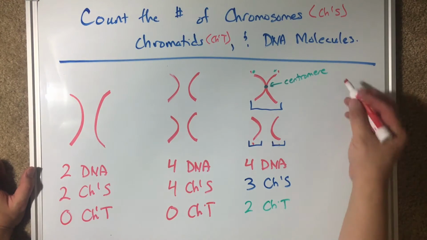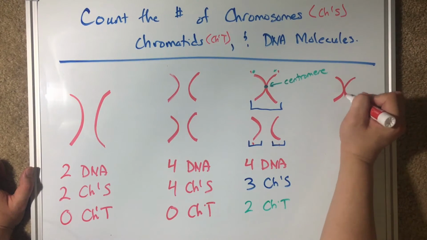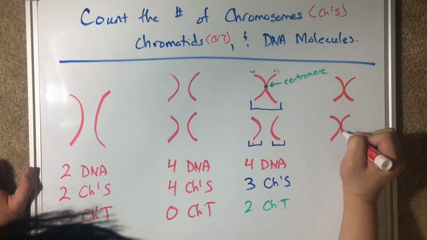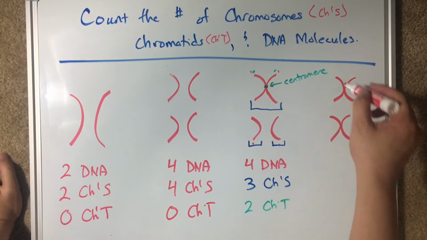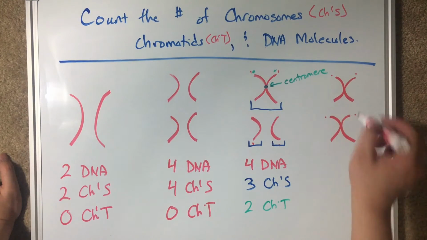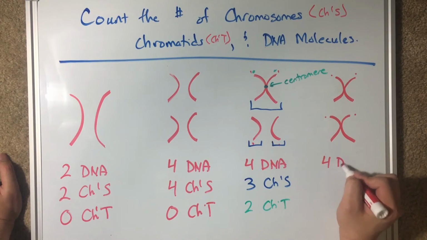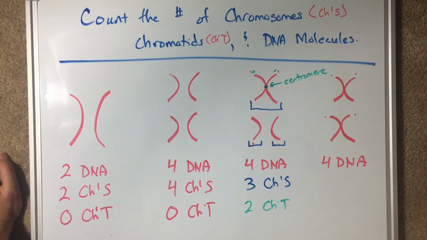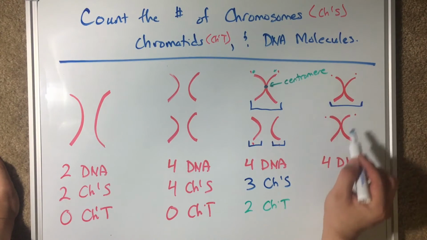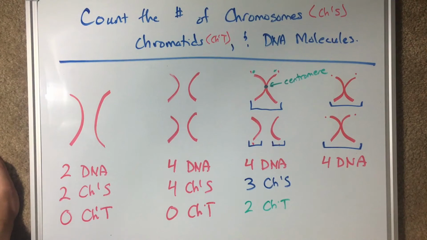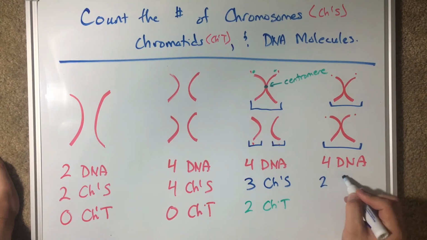All right, let's do one more example here. All right. So how many DNA molecules do we have? Well, we have here 1, 2, 3, 4. It's still 4 DNA because we have 4 strands. How many chromosomes do we have? Well, here's one piece, and here's one other entity, so I only have 2.